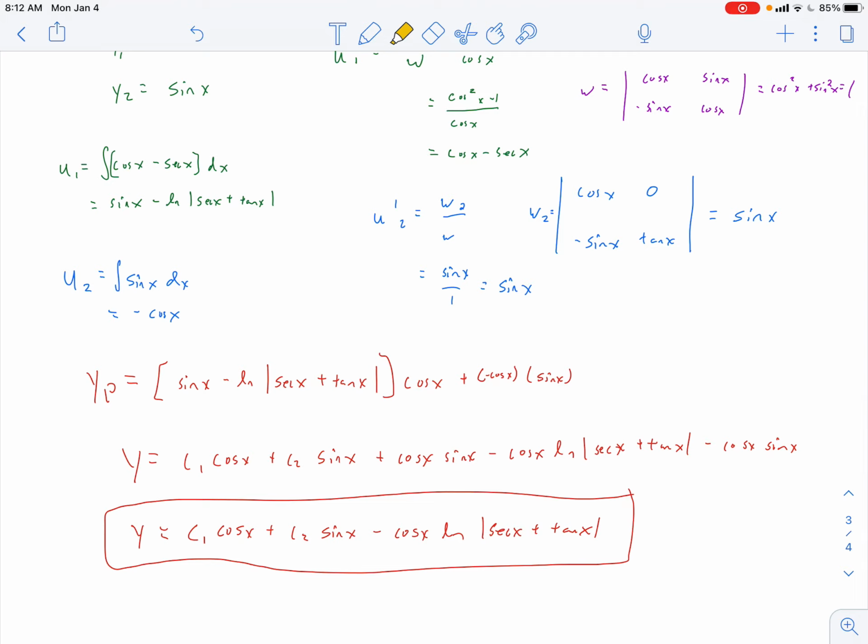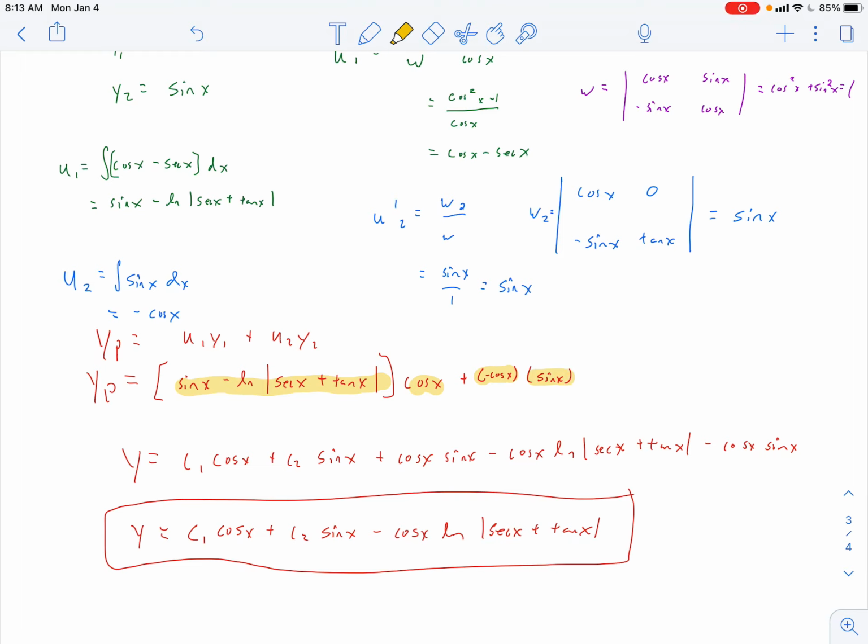And so we found our particular solution. Let me write that down, because you might not know that. Y sub p is u sub 1 y sub 1 plus u sub 2 y sub 2. So our u sub 1 times y sub 1, and then our u sub 2 times y sub 2.